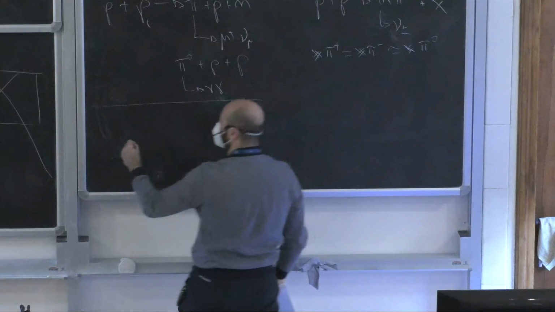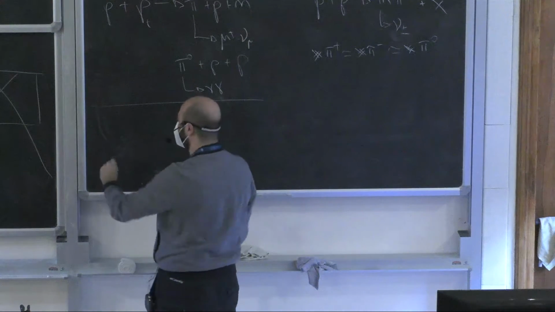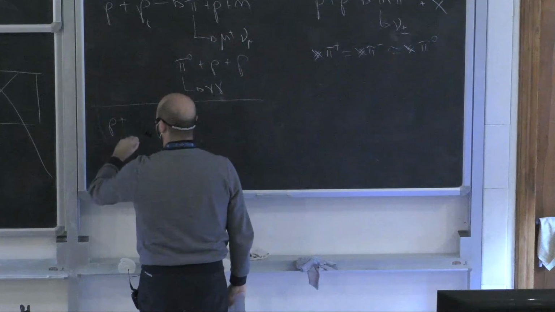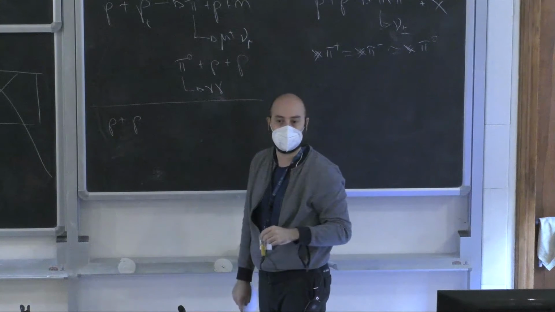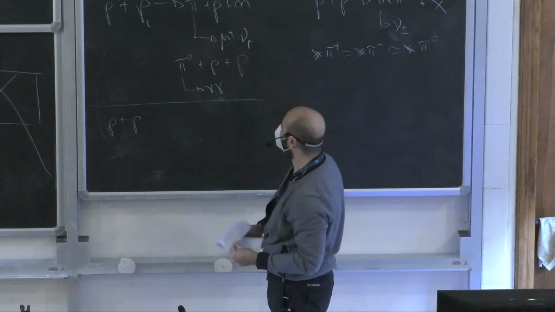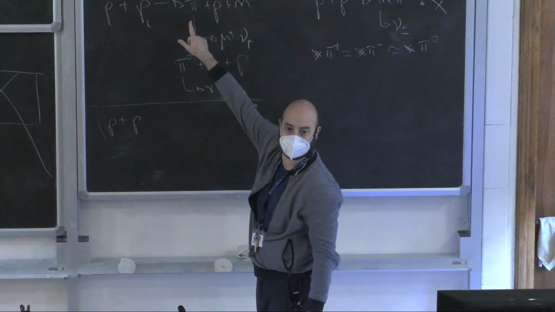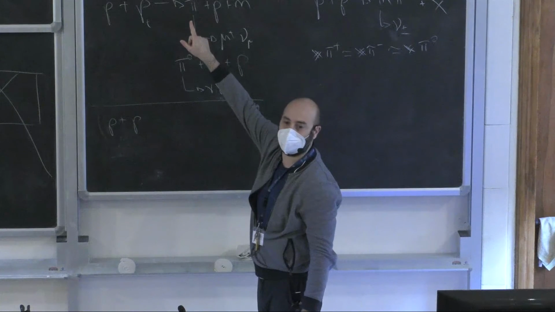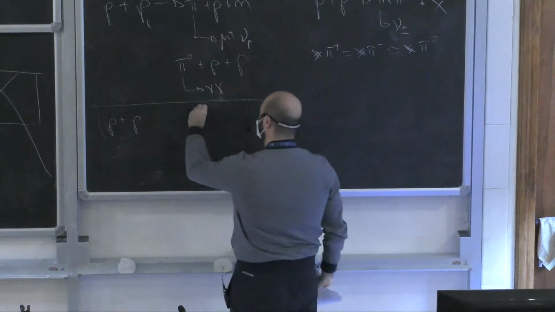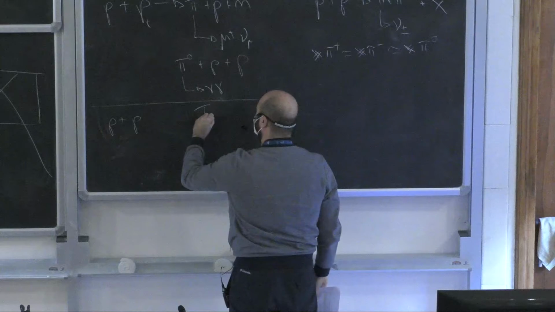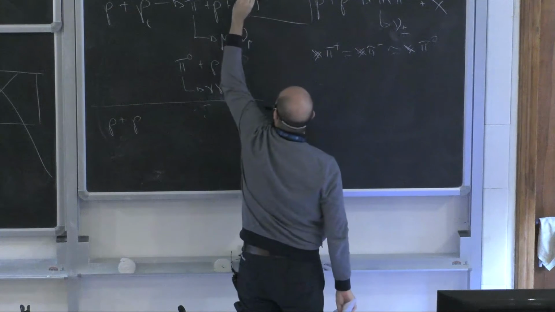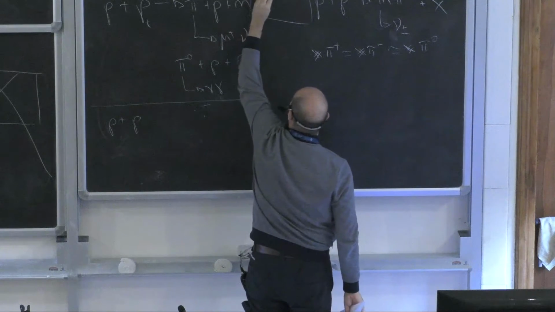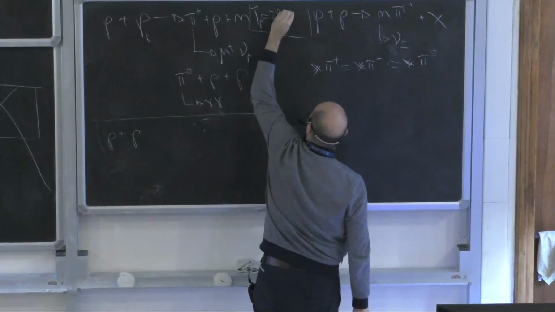Exercise: what's the minimum energy that you need to produce a positive pion in a pp reaction? Naively, you can compute from here and you would get a result which tells you that the kinetic energy of the proton at threshold is about 292 MeV.